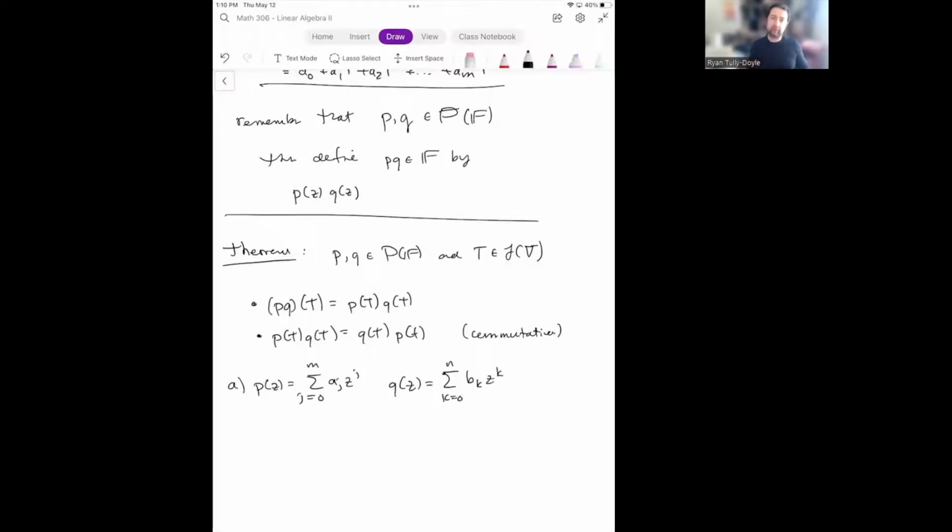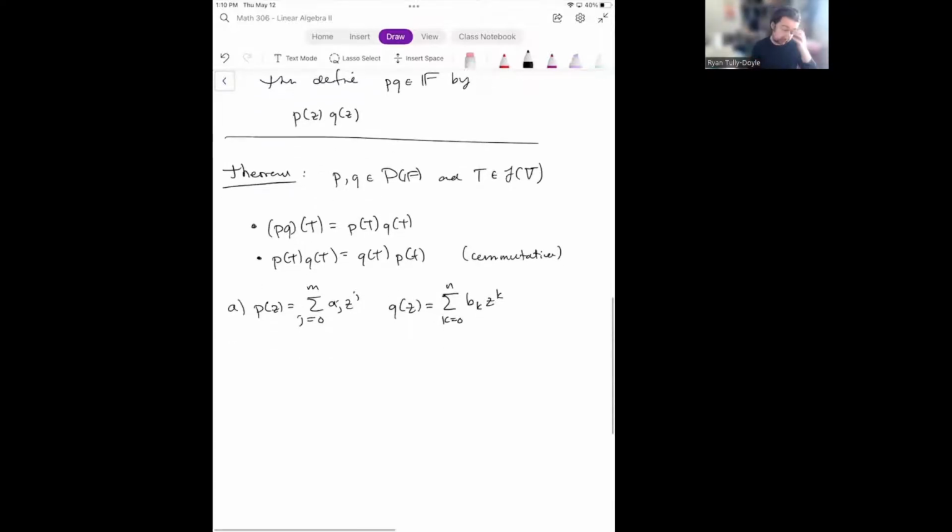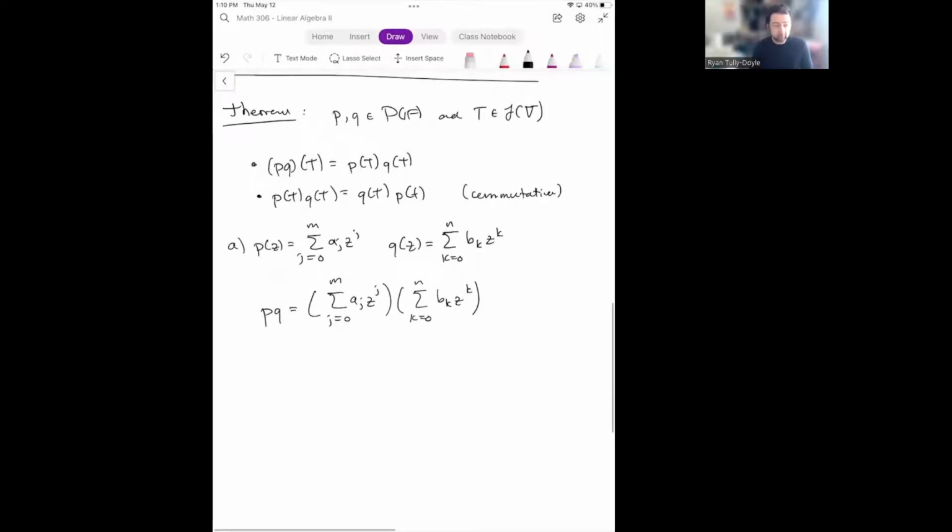You can just build the fact that the formula works here by multiplying these things together, and then what ends up happening is you just switch the coefficients in the formula. So I guess I can write this down. So PQ then is equal to the multiplication of these two sums, and if you write down what that means in terms of the distributive property, you get this.